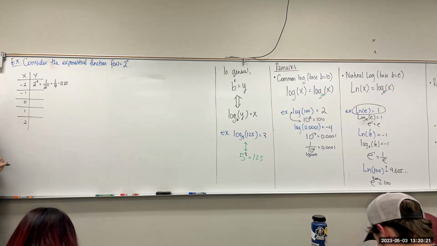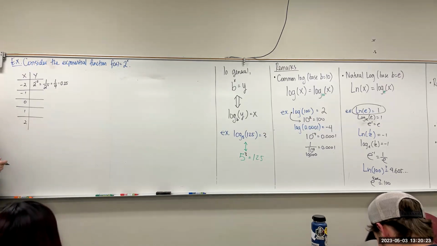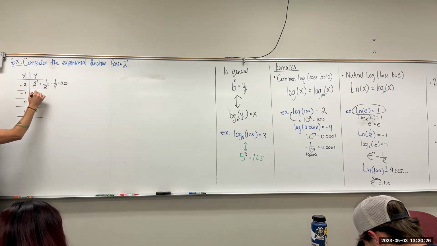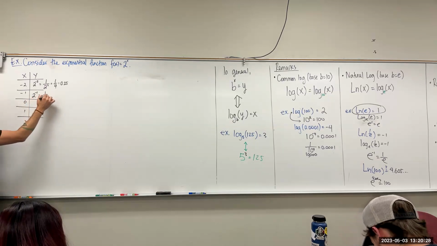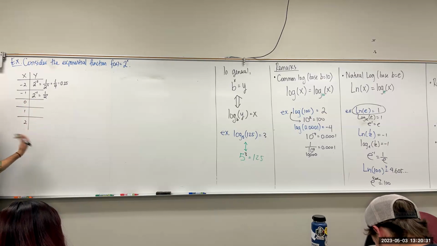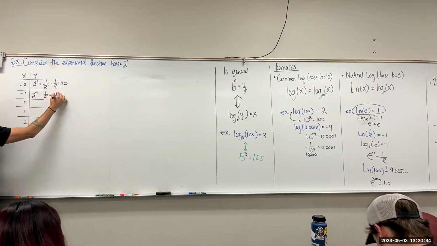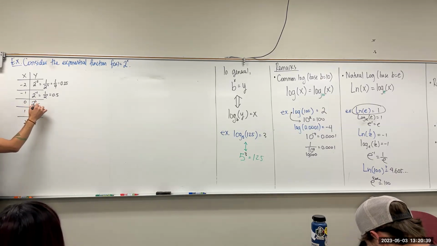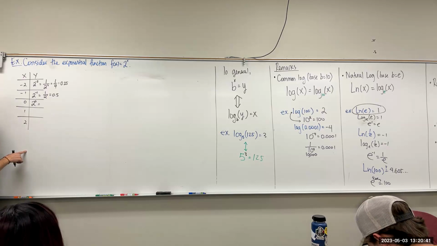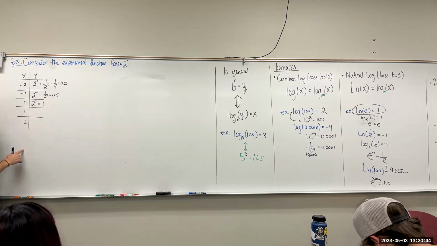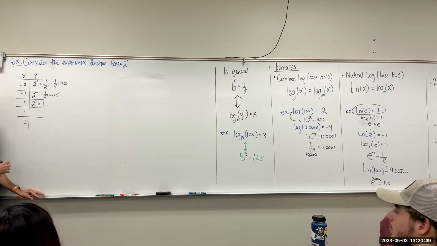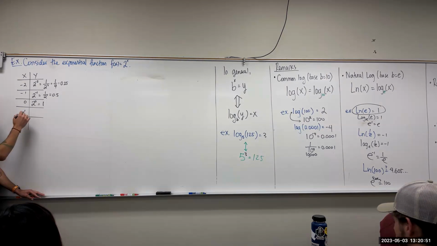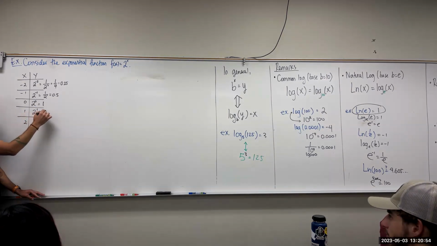We do that for the rest. 2 to the power of -1 is 1 over 2 to the positive 1, which is just 1/2, or 0.5. 2 to the 0: any non-zero base to the power of 0 is 1. 2 to the first power is 2, and 2 squared is 4.